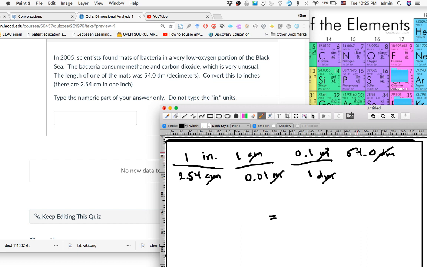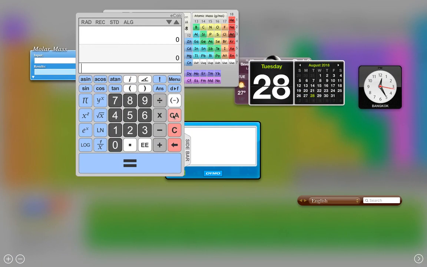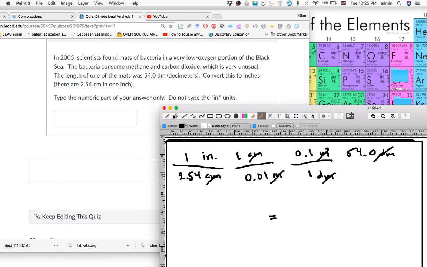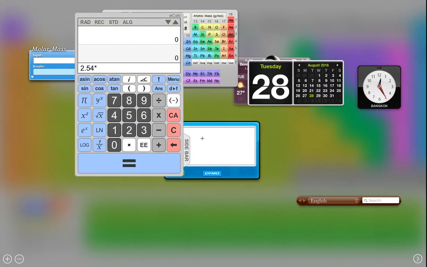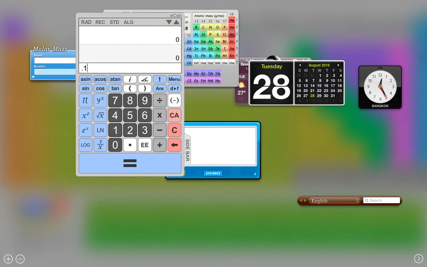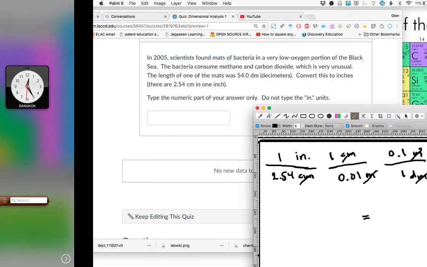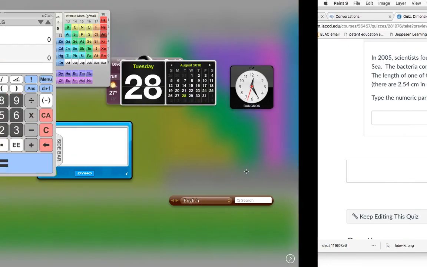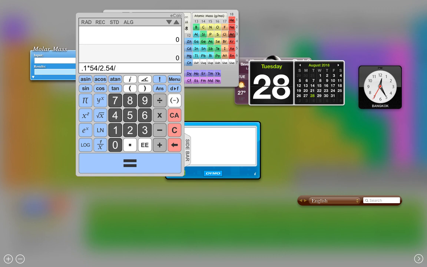So it's 0.1 times 54, divide 2.54, divide 0.01. Watch the calculator work. This is not intuitive. 2.54 times, what was it again? Oh no, it was 0.1 times 54. Sorry about that. Okay, so it's 0.1 times 54 divided by 2.54. Last number is 0.01. Divided by 0.01.